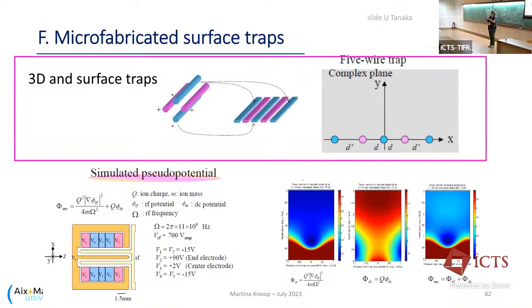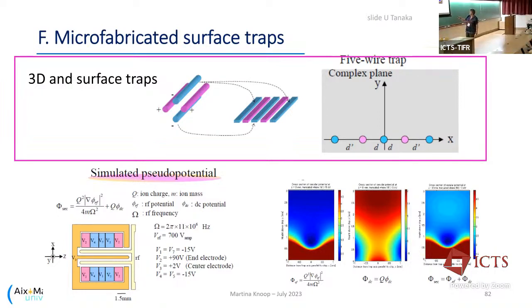You want to be able to make a potential with smaller voltages, but still be able to trap. And you can write down the potential of this sort of structure and also simulate or model the behavior of the potential which is produced by the structure, and which comes close to what we have in an ideal Paul trap.